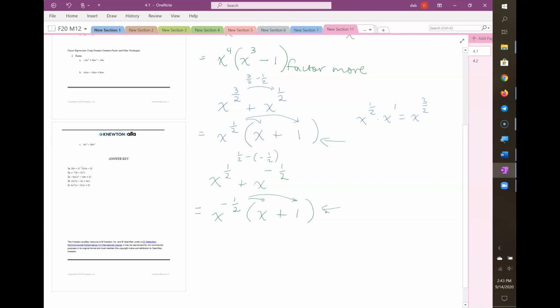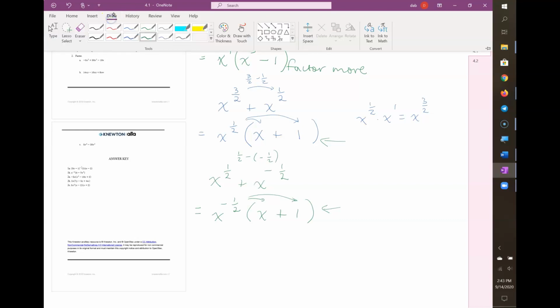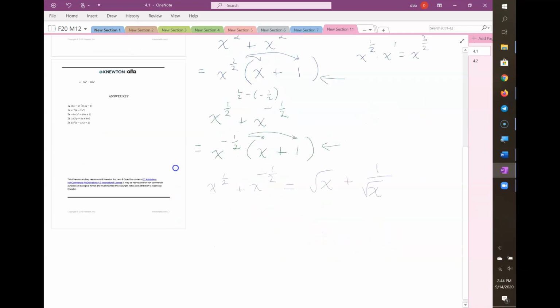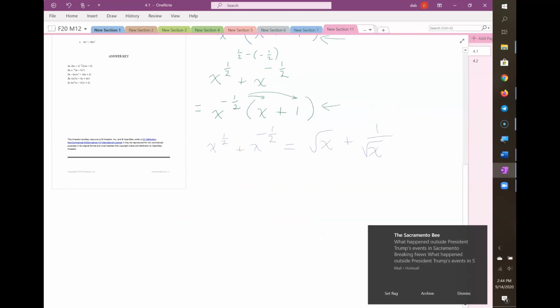So let me show you another way to do this last one that some students prefer. So I can rewrite x to the 1 half plus x to the negative 1 half as the square root of x plus 1 over the square root of x. And some students just prefer working with the square root.